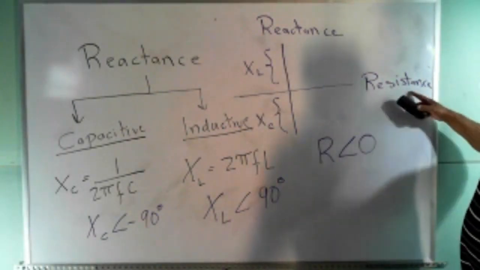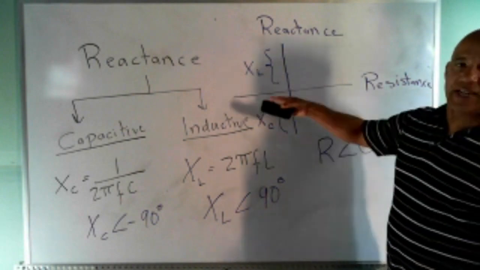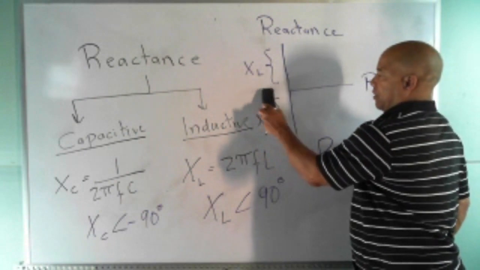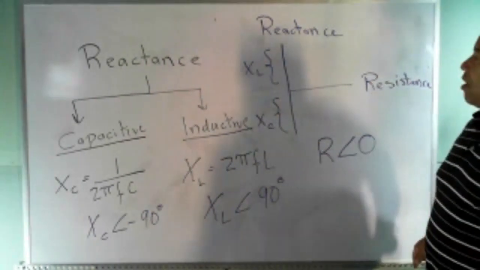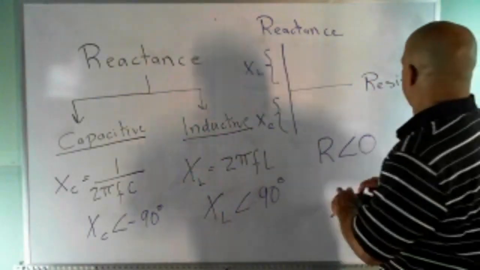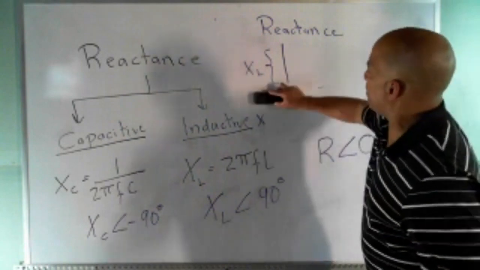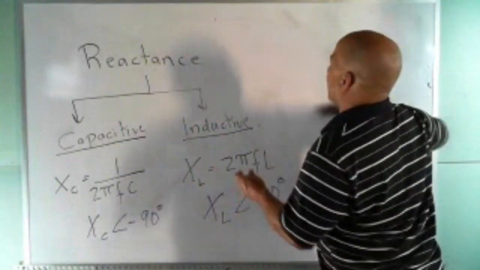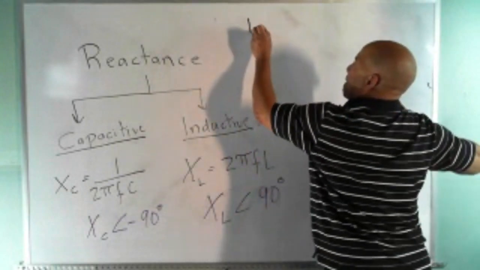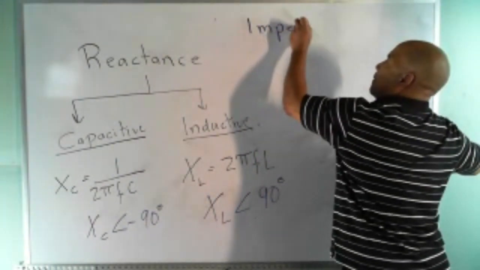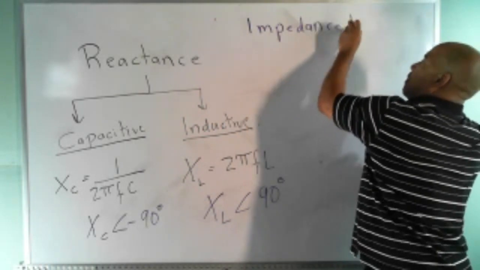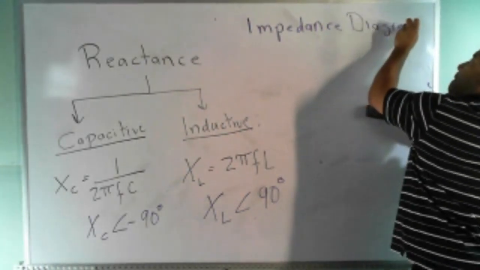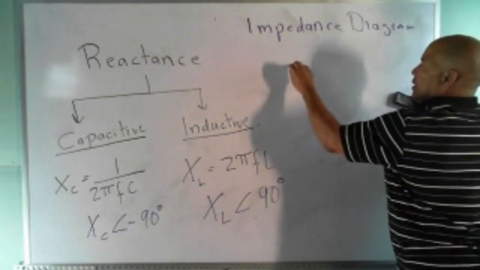I also mentioned the fact that you'll never measure a negative resistance. So this part of the coordinate system we don't need, any negative values for R. And so what I end up with is this diagram called the impedance diagram. And it looks like this.